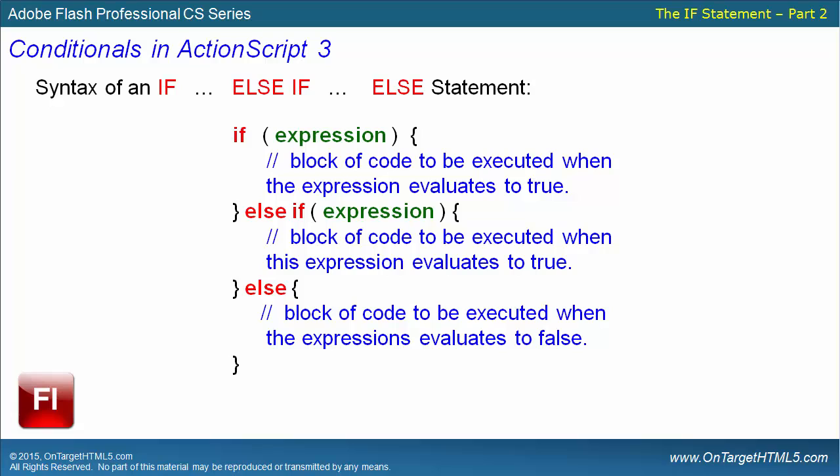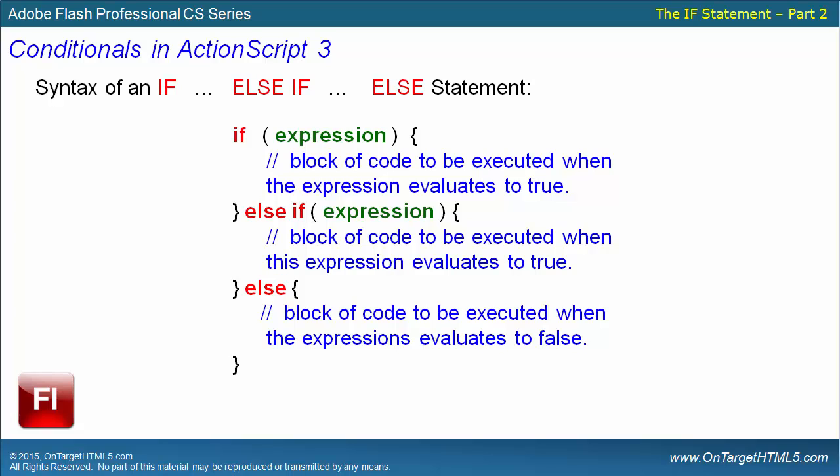We also have the syntax of an if, else if statement. We have an if statement with our if keyword and an expression. If that expression evaluates to true, then a block of code is executed. Then we have an else if, which can hold another expression, and if that evaluates to true, that block of code executes. If neither evaluates to true, then the else condition executes its block of code.